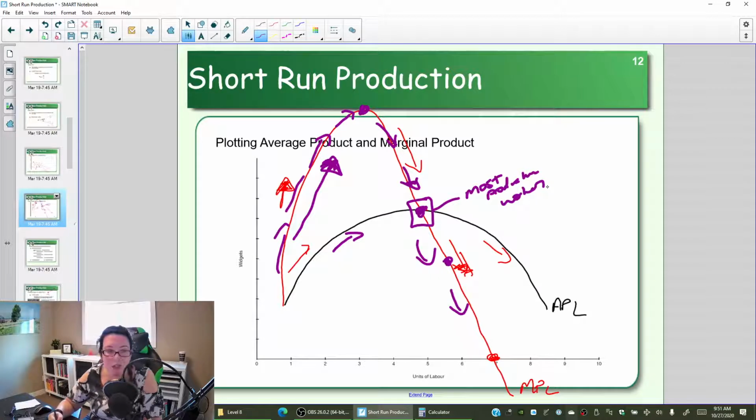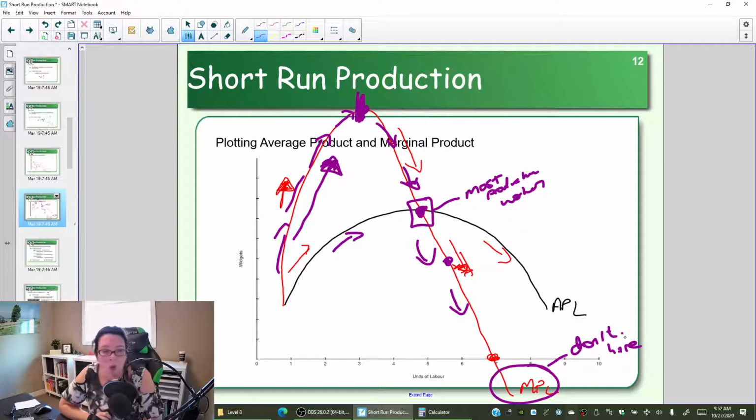We've added each additional worker. They're adding more than the person before. We start to get the diminishing returns here. But our average keeps going up because each additional worker is adding more than the group. Here's where our workers are the most productive. Here's where we don't hire.